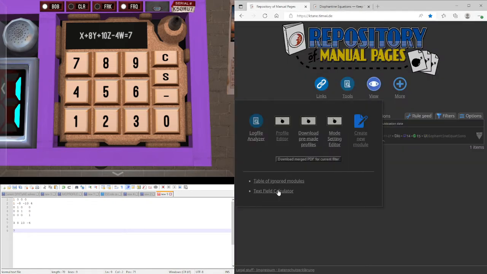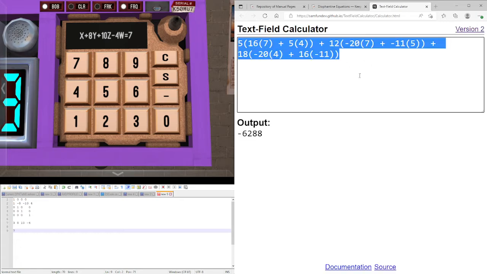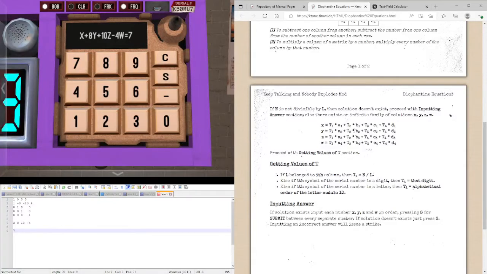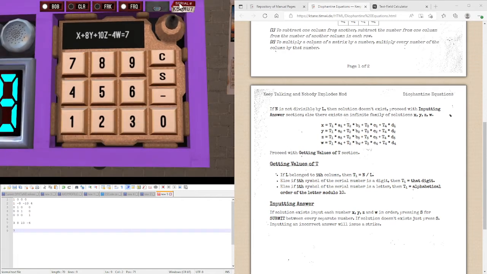So, going through the calculator, we have 7 as our first T value that we're going to be multiplying something by. Our second value, if the I symbol is the serial number, we're going to be looking at the second T now.